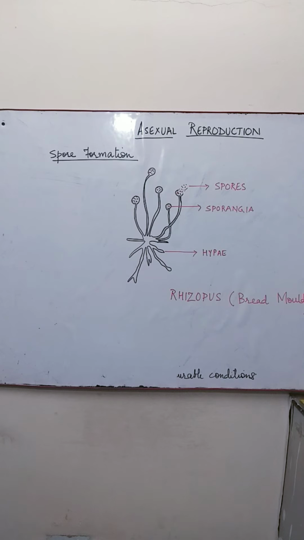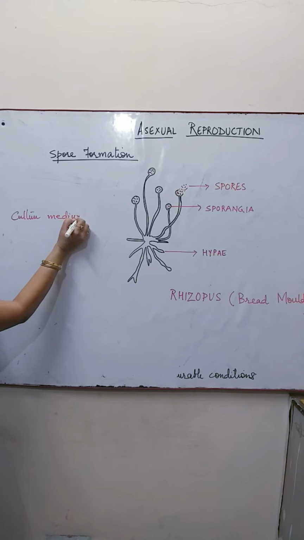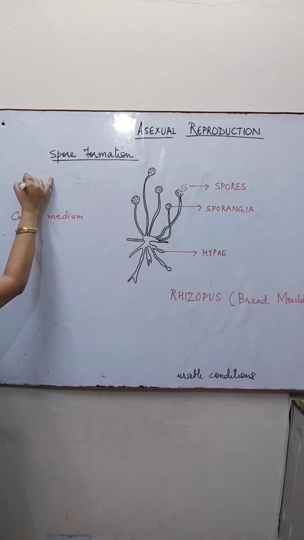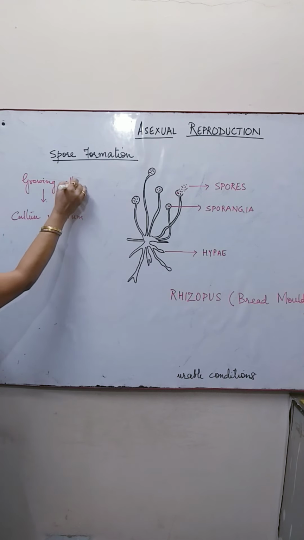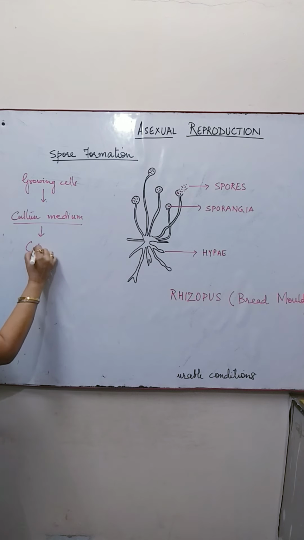So when the conditions are favorable, the stem or the growing tip is removed, and in the culture medium the growing cells grow to form callus.